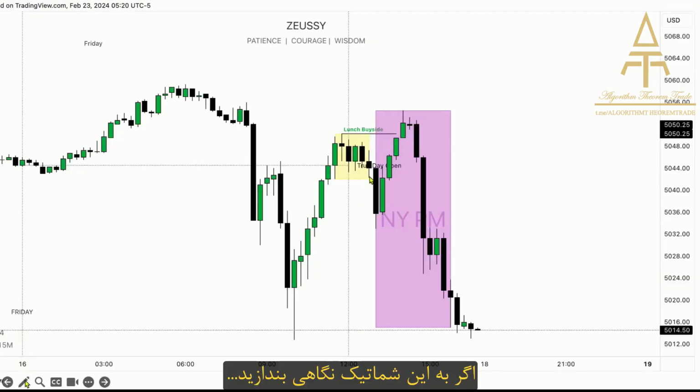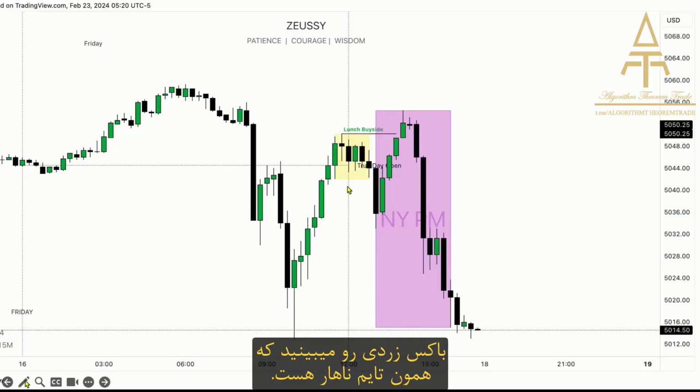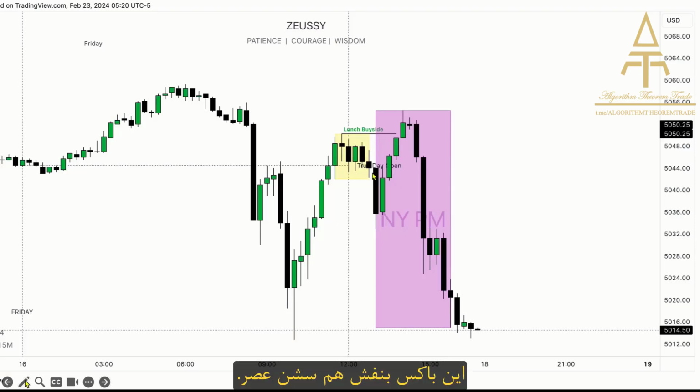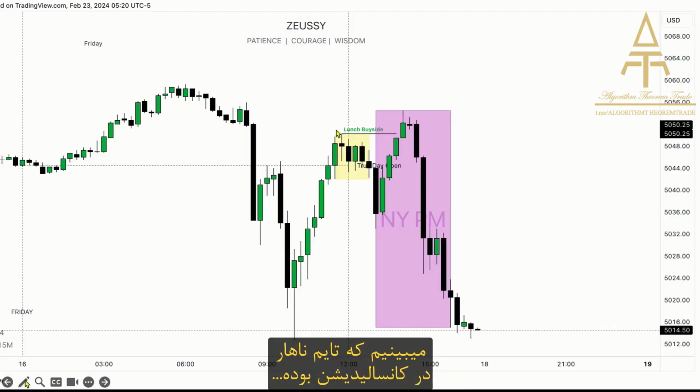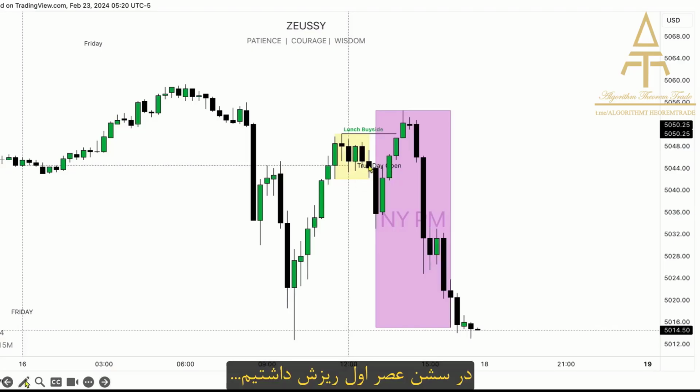If we take a look at the schematic on this chart, we can see that there's a yellow box right here, which represents lunch. And then this purple box right here represents the New York PM session. What we can see is that lunch consolidated, New York PM sent it lower, repriced lower right here.